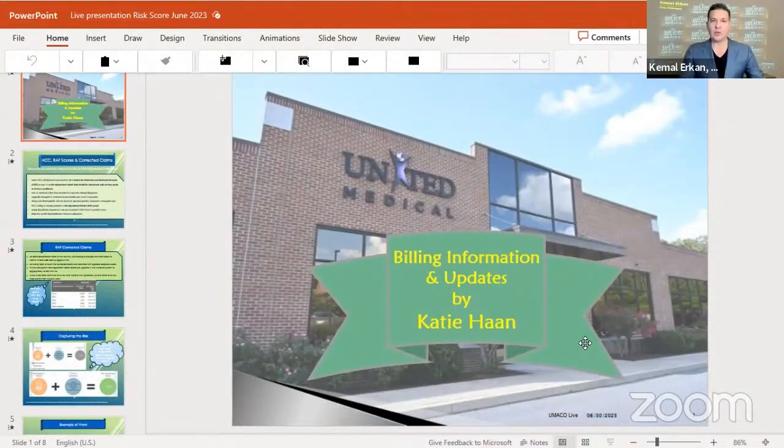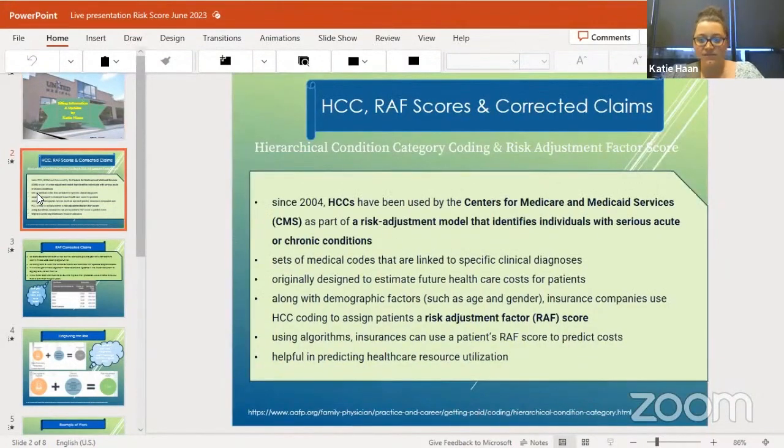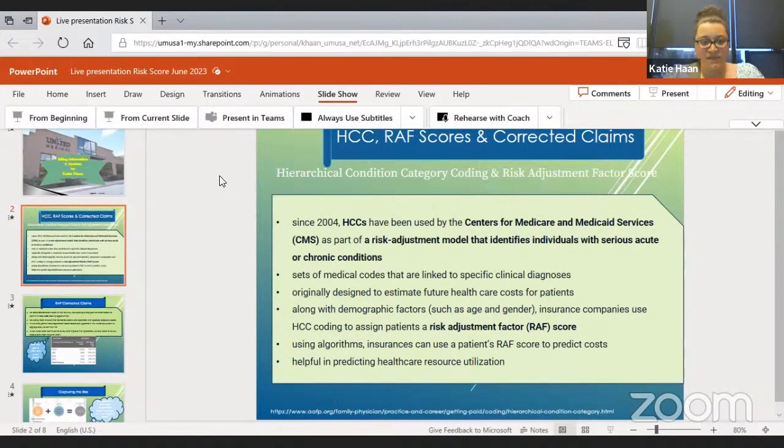Yep. Okay, great. So like you said, we're going to be talking about RAF score and corrected claims. HCC stands for hierarchical condition category coding and risk adjustment factors. This has been in existence for quite a long time. HCCs are essentially used by Medicare and insurances to figure out the risk of a patient.